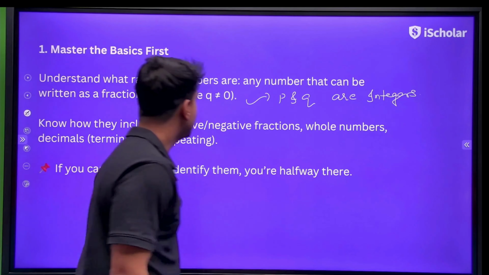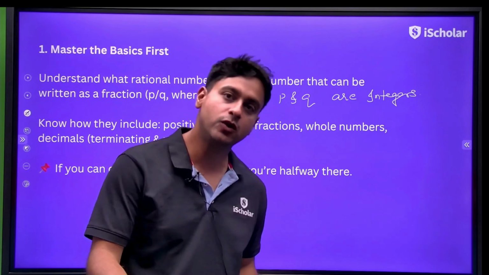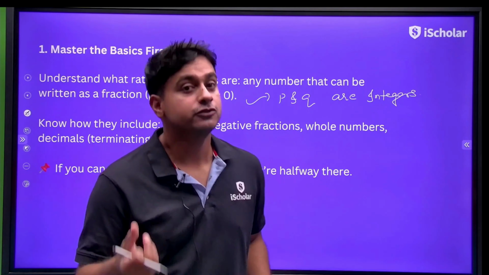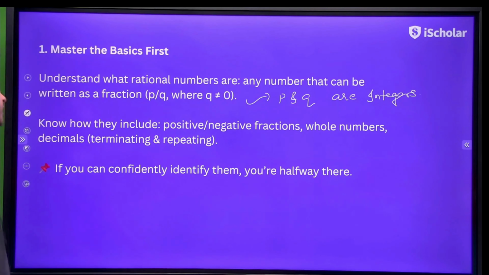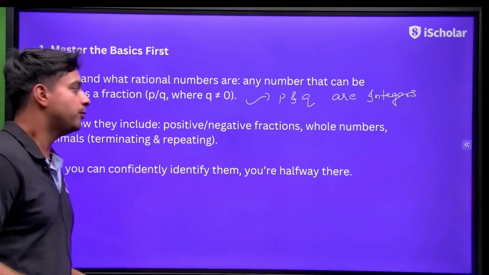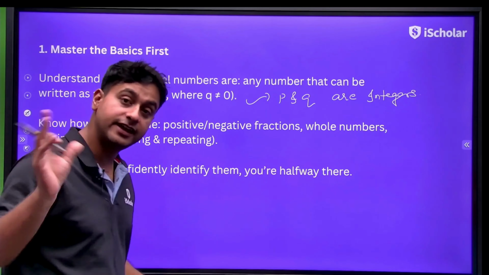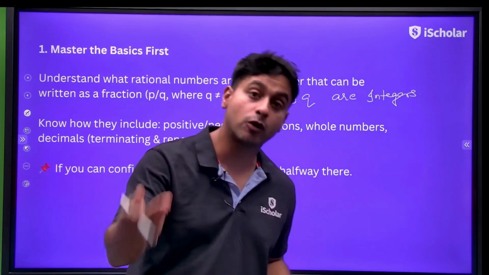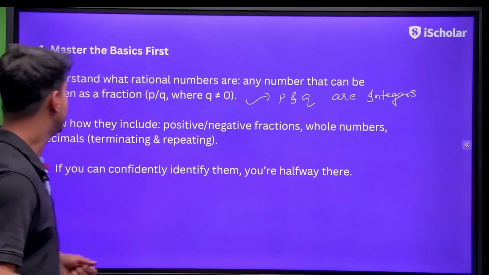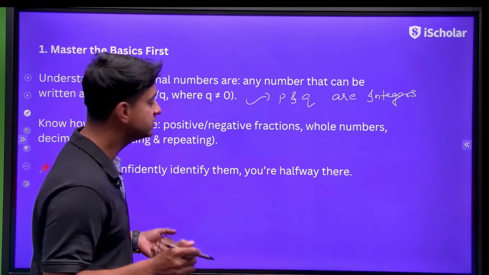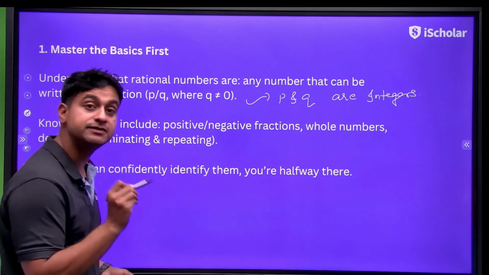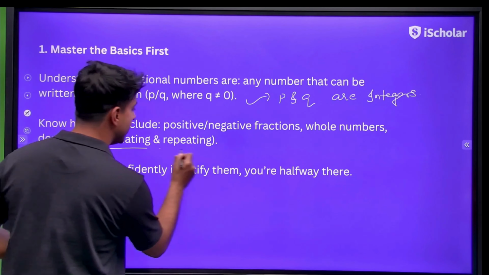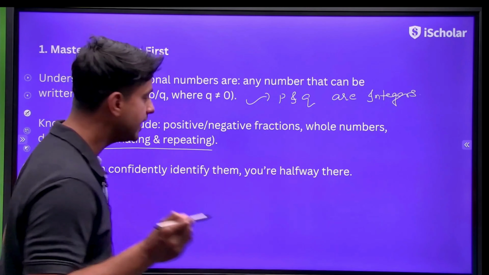And obviously you cannot divide any number in mathematics by 0. It will become undefined, so therefore Q can't be 0. Now positive and negative fractions are obviously there, so how we plot them on the number line is very important. But the most important part of rational numbers is that its decimal expansion is terminating or repeating, right?